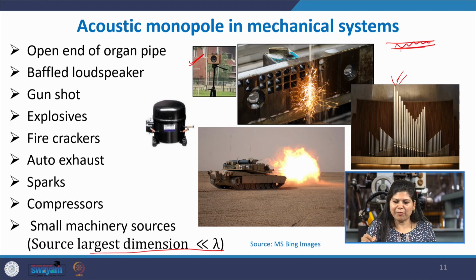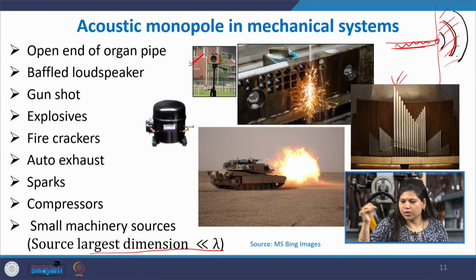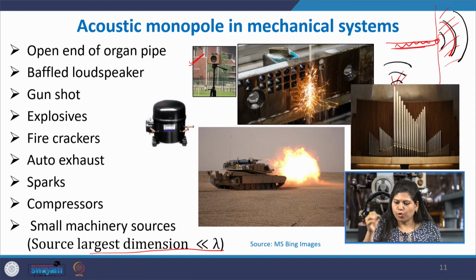For example, in the tailpipe it can have a harmonic plane wave, but at the very end, when suddenly this small source is encountering an infinite baffle in the form of open atmosphere, the waveform becomes spherical in nature. So, this happens with the end of the tailpipe where you have the exhaust coming out into the atmosphere, and the sound coming out from the open end of the organ pipe. Explosives, firecrackers, all of these become the acoustic monopole. So, you have a lot of sources which behave like this.